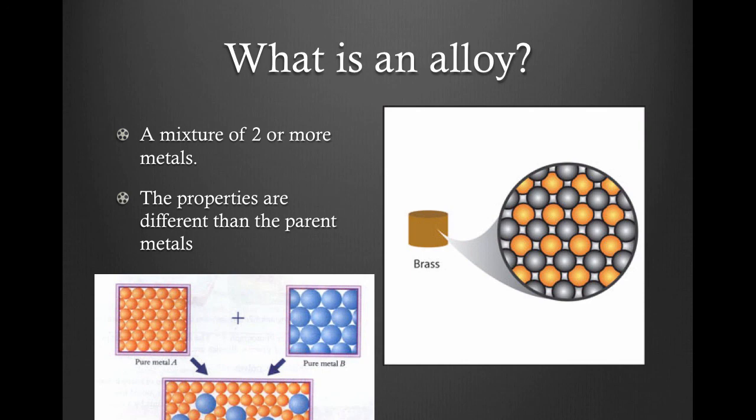One of the properties that an alloy provides is that, especially if you have two differently sized metals or a metal and a non-metal in your alloy, as you can see, it prevents the metal from being malleable, and so they are much stronger, but also more brittle.